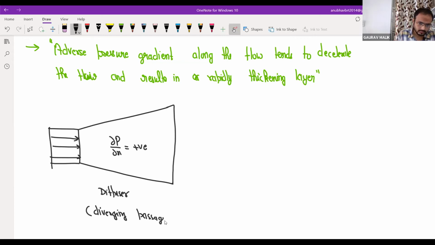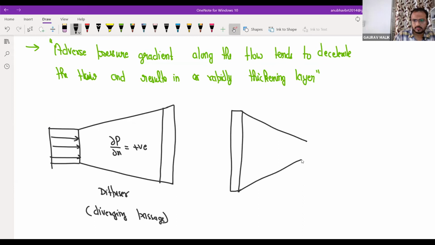And if you have a passage of this kind, here you will get del P by del X equal to negative. It is a nozzle, a converging passage.